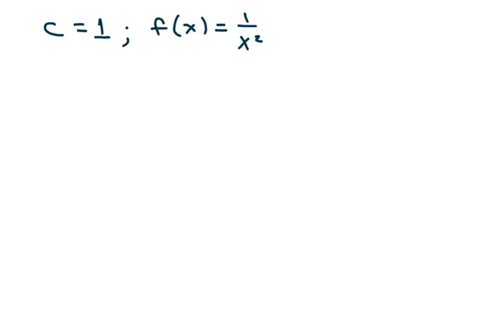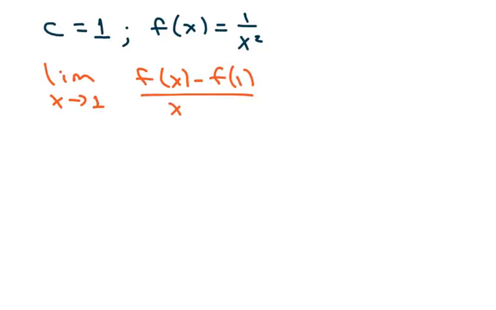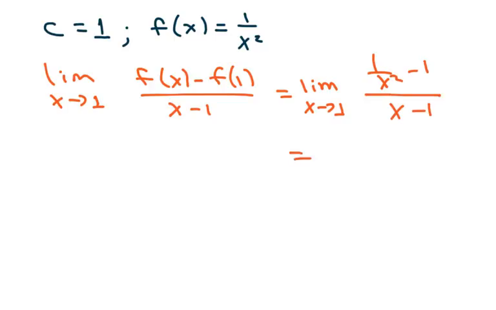And the last one, we're going to kind of do the same thing. We have the limit as x approaches 1 of f of x minus f of 1 over x minus 1, which equals the limit as x approaches 1 of 1 over x squared minus 1 over x minus 1. Again, I'm going to clean the numerator up.